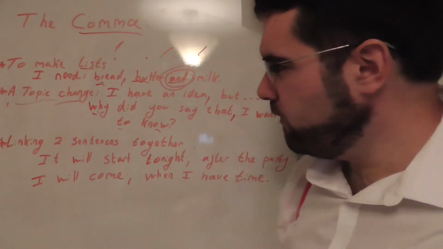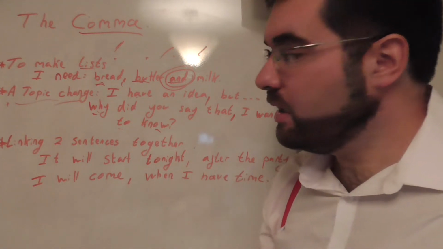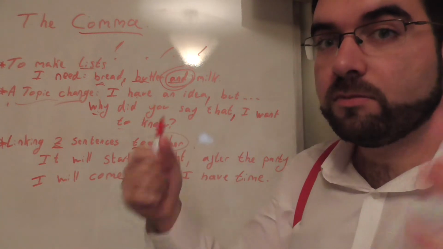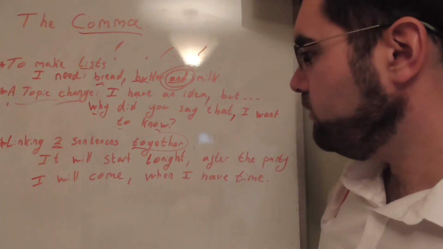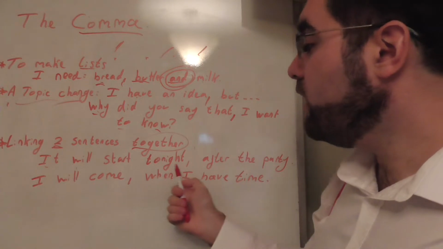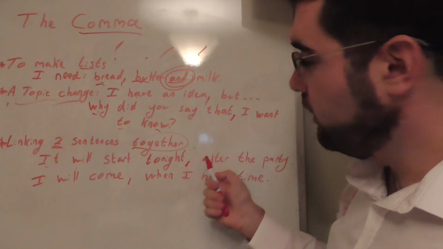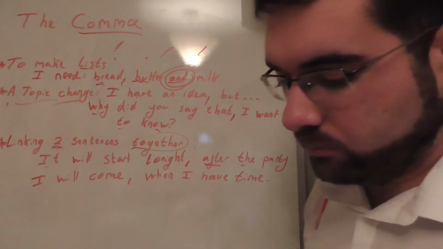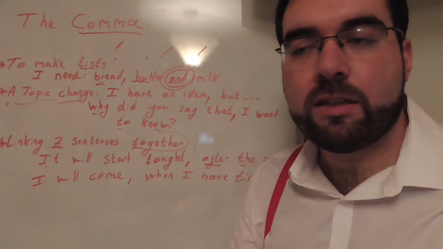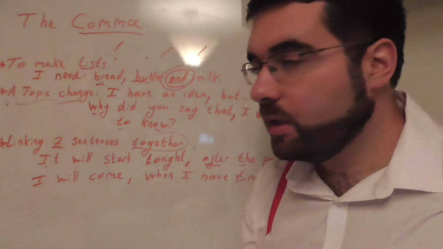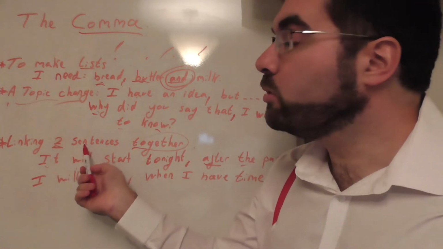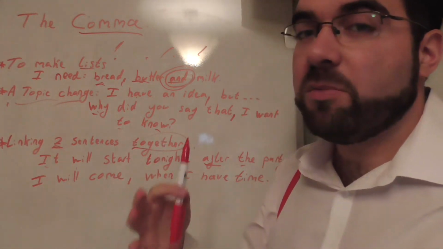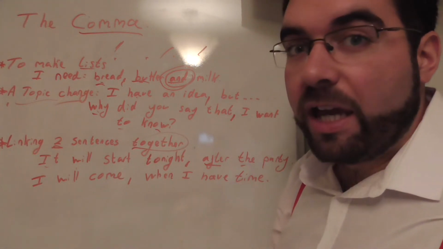It makes no sense. But we can also use it to link two sentences or clauses together. It will start tonight, comma, after the party. It will start tonight. It will start after the party. Often these two clauses can be connected with who, when, why, because, how, where, things like that.